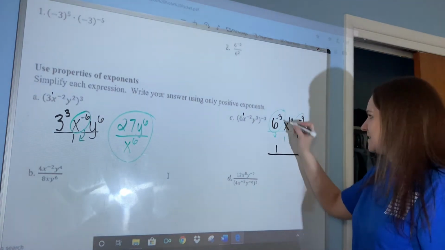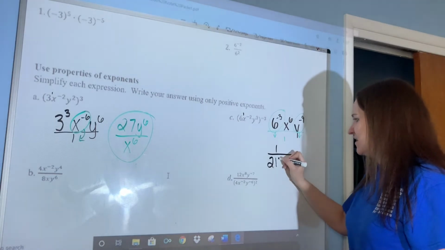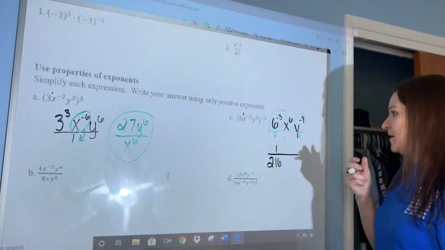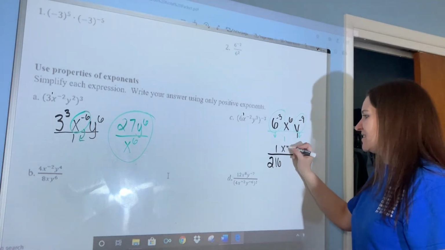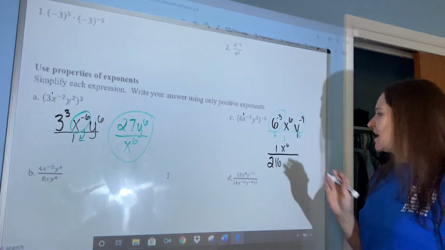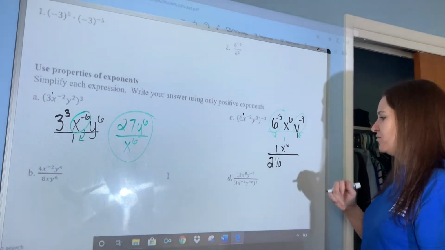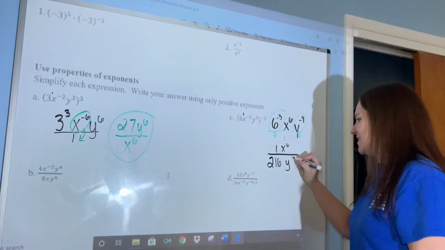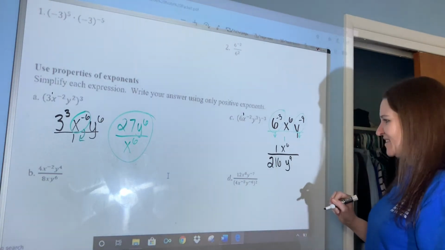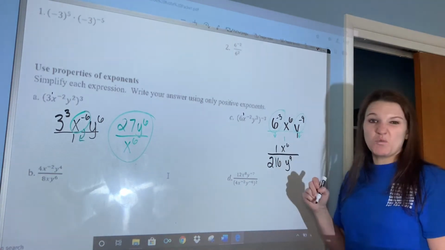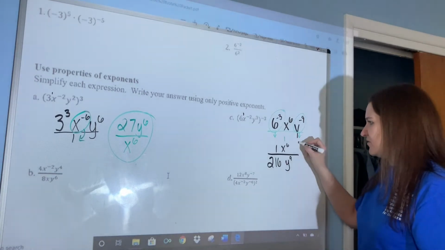We have 216, because that's what 6 to the positive 3rd power would be. My x to the 6th is staying on top. It's not negative, so I don't have to move it to the bottom. But the y to the 9th has to go on the bottom, and I make that a positive. If you decide to drop the 1, that'd be fine, but if you keep it, that's also fine.